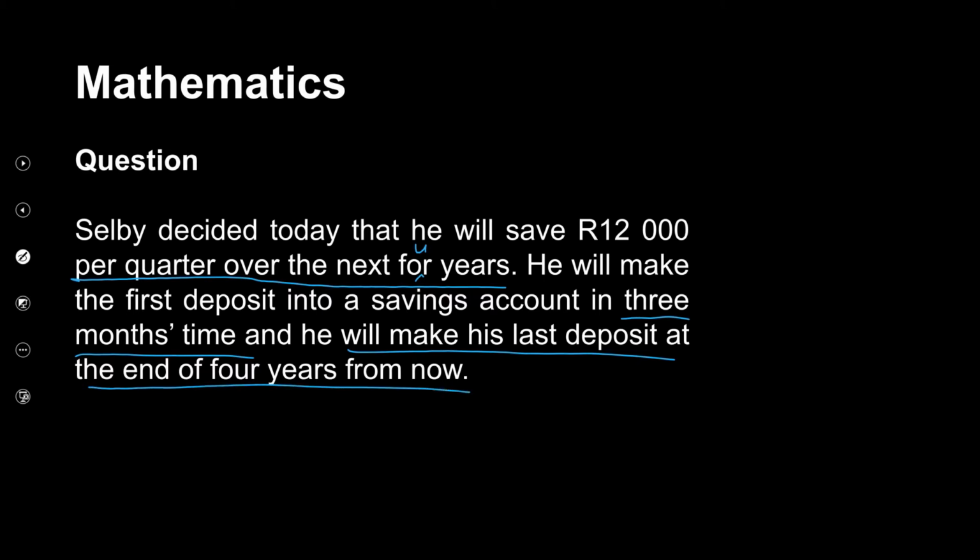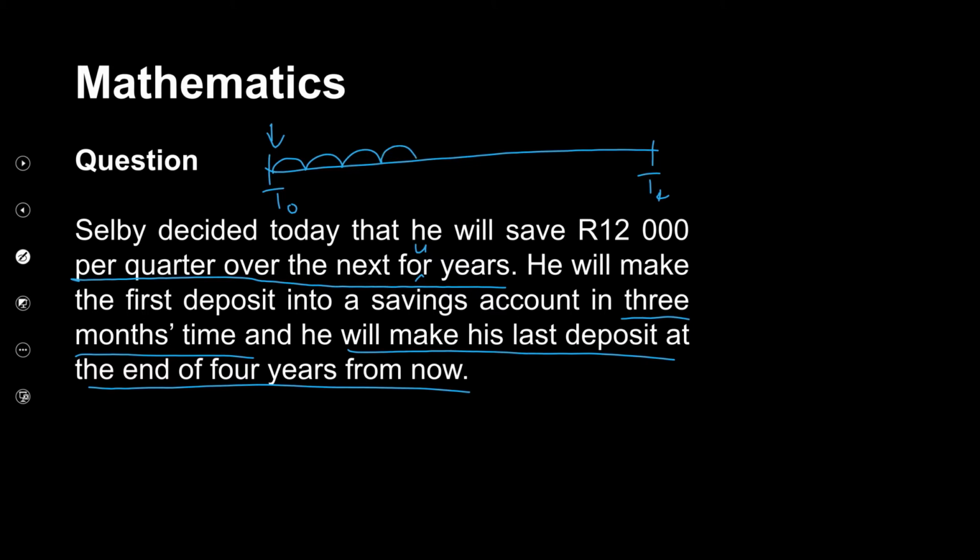So you can see what this simply means is, if I'm going to consider this as a 4-year period, this is going to be T0, right? T0 will be when he makes the deposit, and it will go up until it gets to the 4 years. But in terms of the 4 years, it is going to be divided into quarters, right?